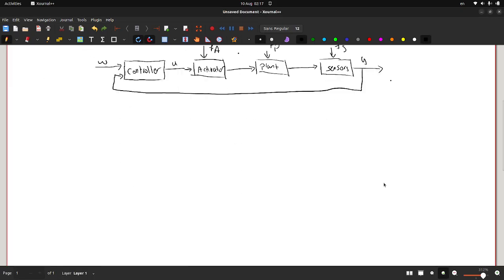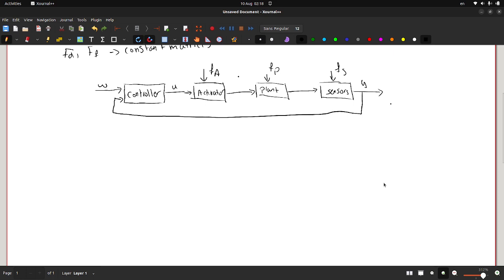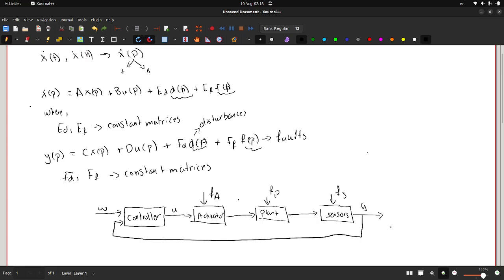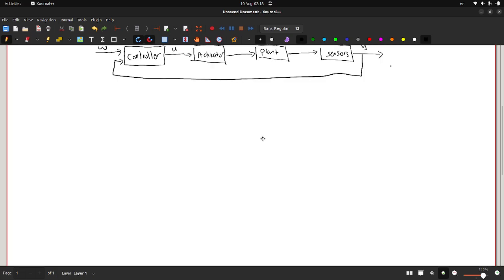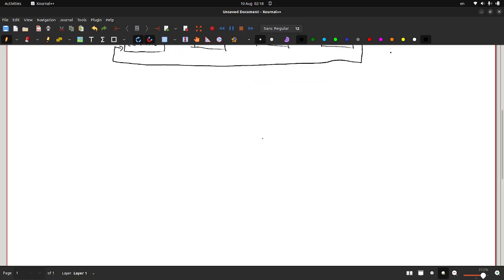From here, let us get back to these matrices E_F and F_F to actually know what affects them.